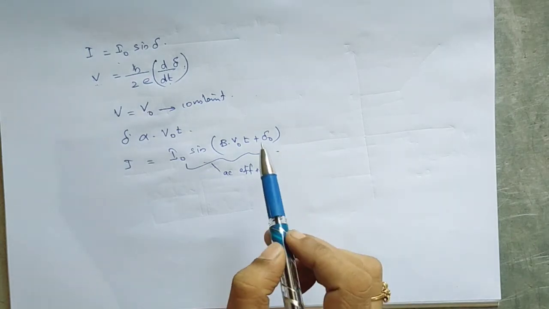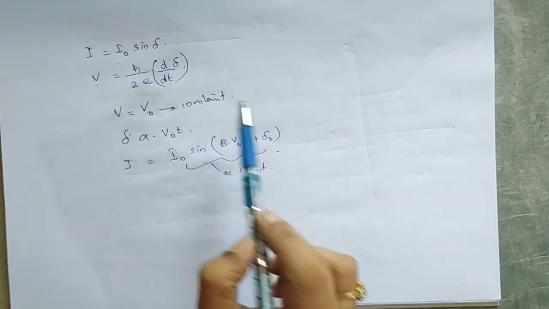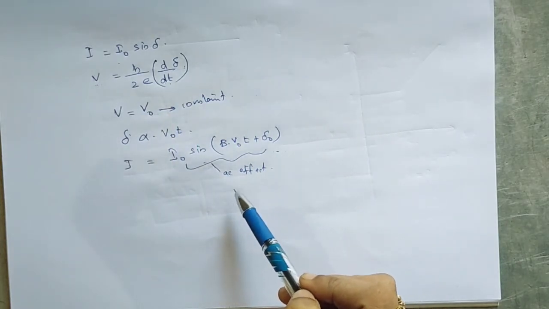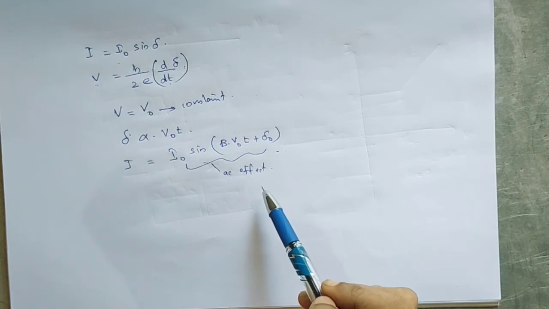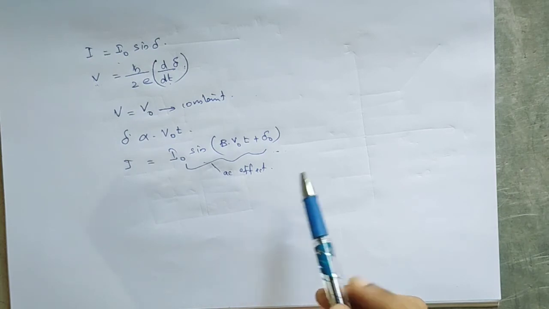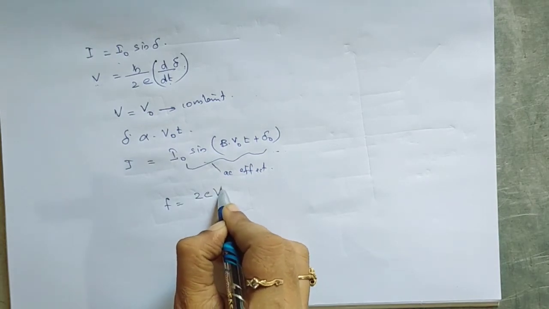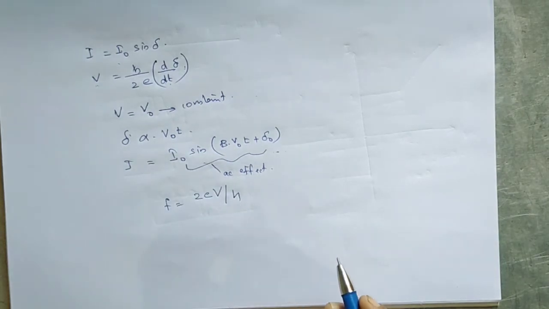If we apply a DC voltage across the junction, RF current oscillations or AC current oscillations of frequency f equal to 2eV divided by h are set up across it.